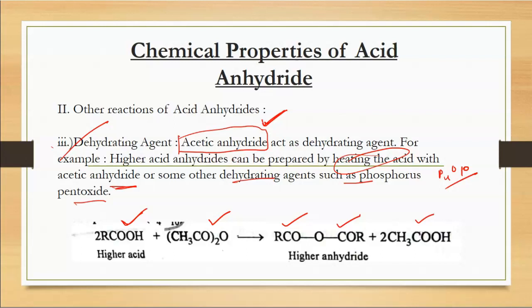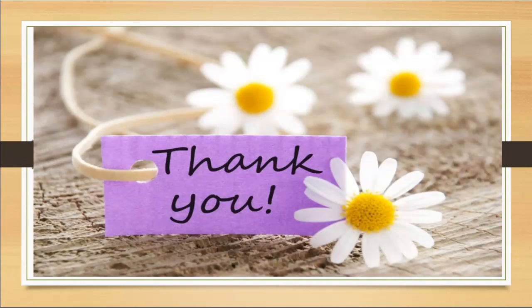So that is all about these reactions. So far we have discussed the hydrolysis, alcoholysis and ammonolysis reactions of your acid anhydride. Then we have taken the other reactions as well. So that were not that difficult. The mechanism was also the same. So I have tried to cover it in this shorter video as easily as possible.